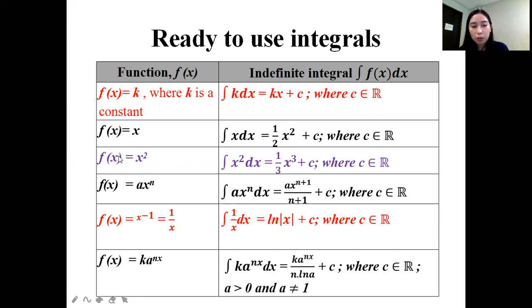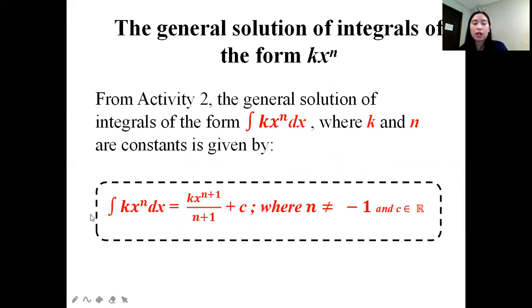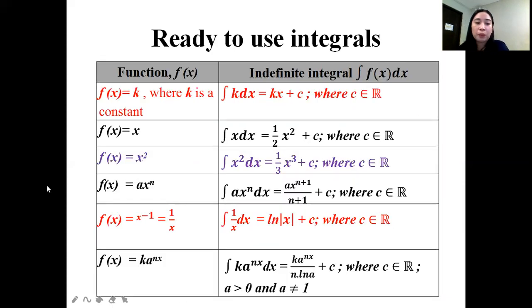Now we are going to proceed with, if we are given with the function x squared, so the integral of x squared dx is equal to, dumdumon na sad nato ang formula kx to the power of n plus 1 over n plus 1 plus c. So kana lang atong dumdumon, balikan lang nato ni siya nga general solution form.